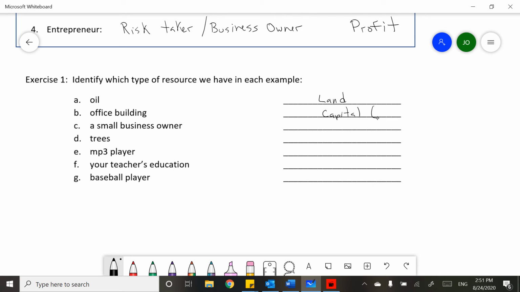And if you want to go ahead and classify what type of capital it is, this would be an example of physical capital. A small business owner. So you own a business. You're taking the risk of owning a business. So that means that you are an entrepreneur. Trees.